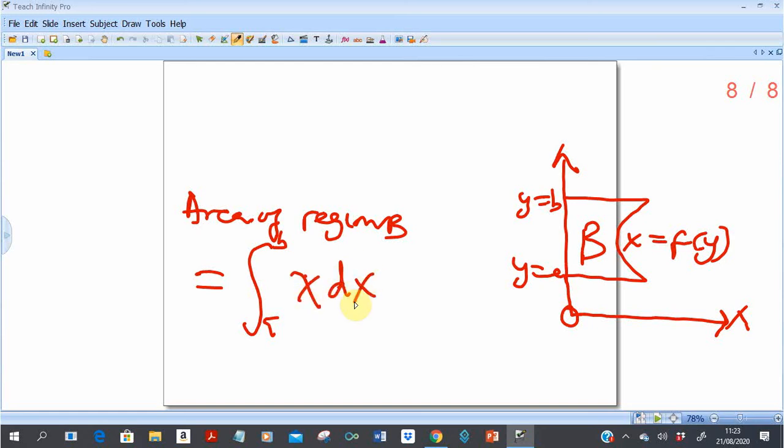Now we are integrating with respect to y. This is just the same as the integral from a to b of f of y dy. Okay, so that is how we find the area.